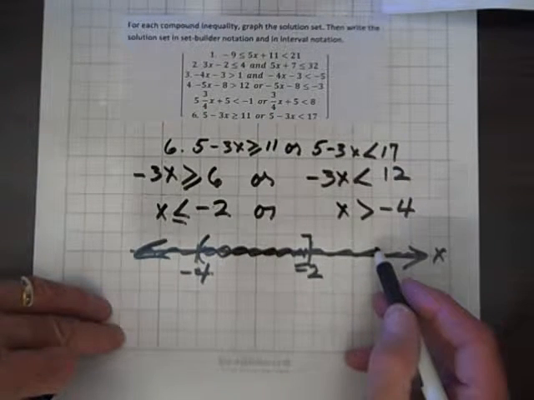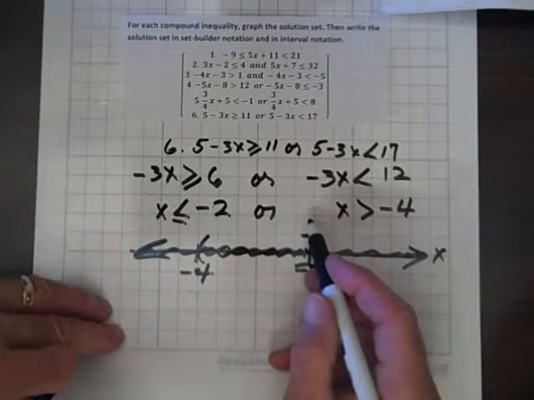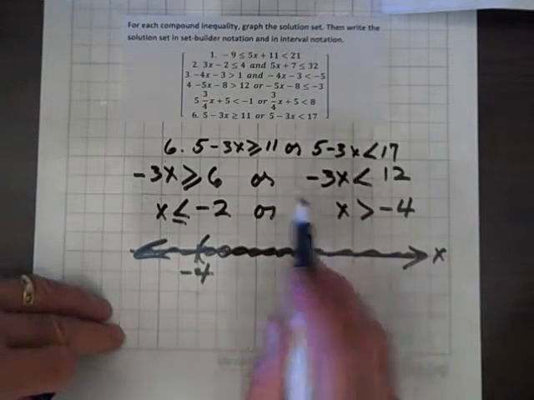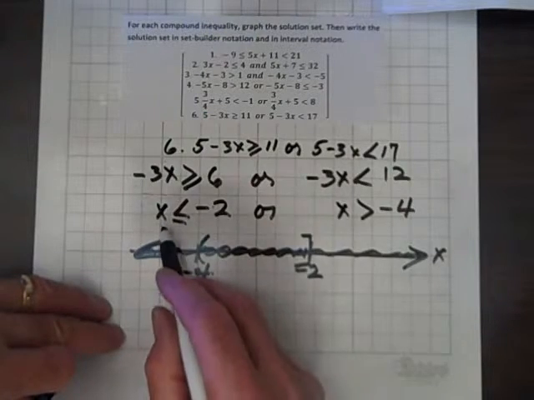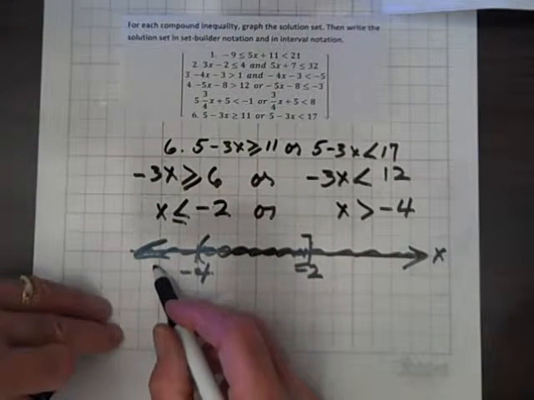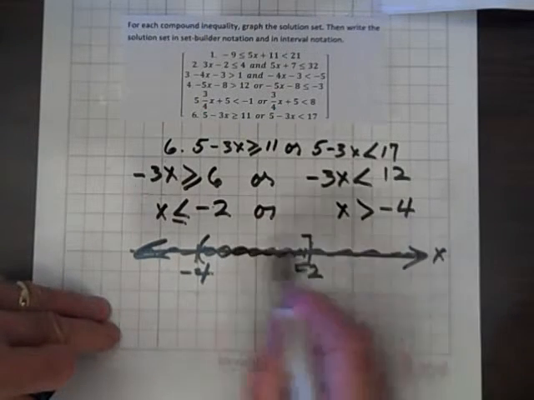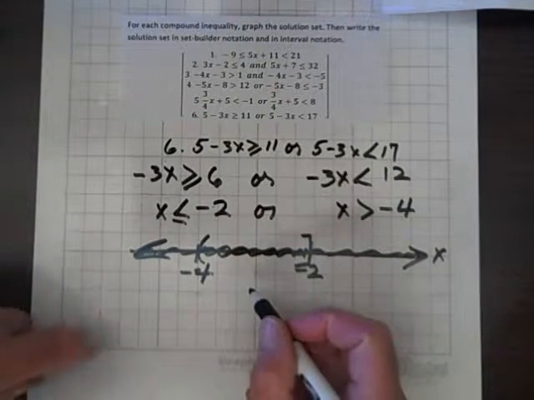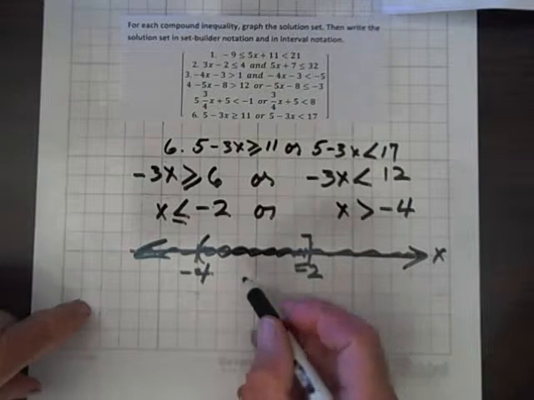For a value to satisfy this compound inequality, it just has to satisfy either this inequality or that. And so any point in the number line will satisfy this compound inequality.